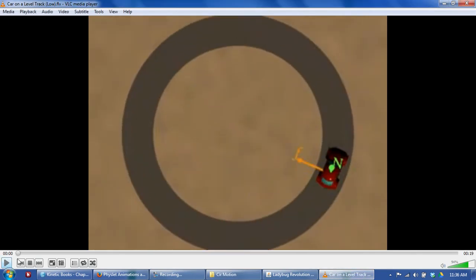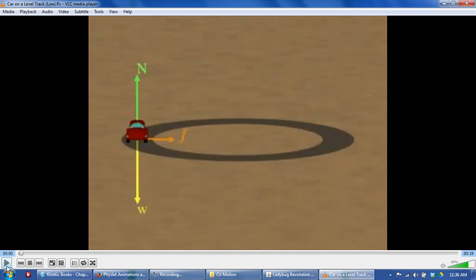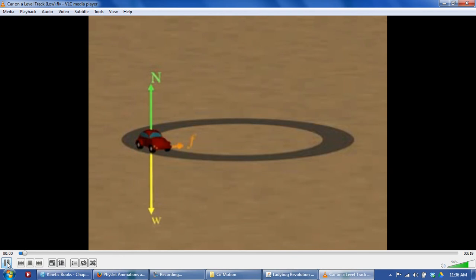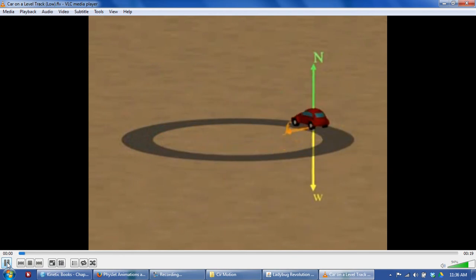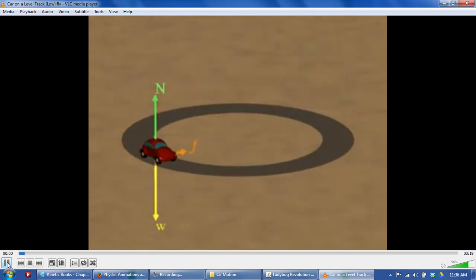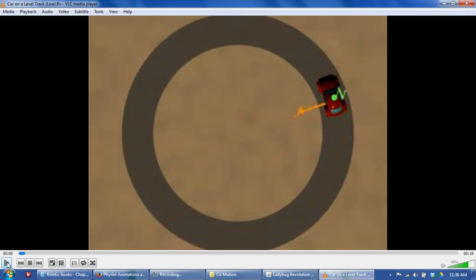Here we have the animation of a car going around a circle. It, of course, has its weight down. It has a normal force up. And what's holding it into that circle, what's providing that centripetal force, is friction. Now, because it has that acceleration, something outside the body must always provide the net force.